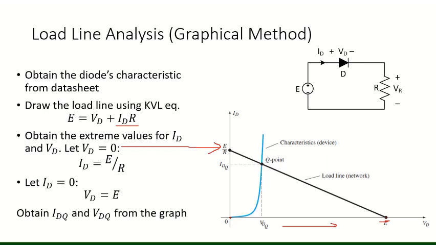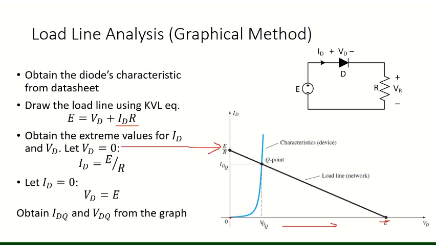And you can observe here there is a cross section at this point, which is called the Q point. Before plotting this line, we must know the vertical value, which in this case is E by R. If E is equal to 10 volts and R is equal to 2 ohms, then this value will be 5.